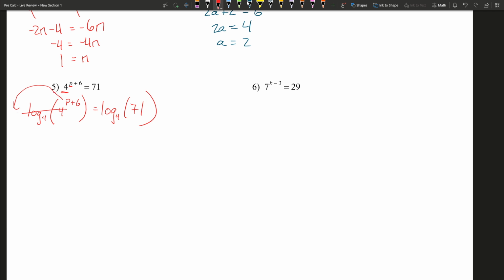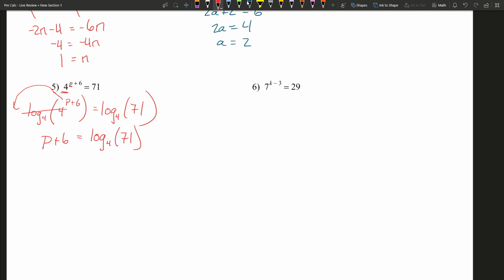So this is p plus 6 times 1, and we're just left with p plus 6. You don't have to remember all that. That's just what's happening. The right-hand side stays the same. And then you treat log base 4 of 71 kind of like a variable.